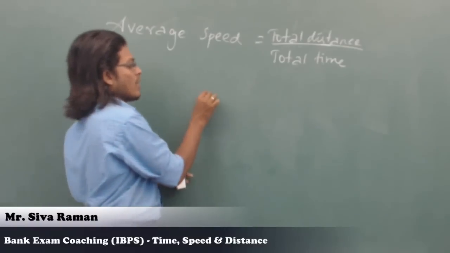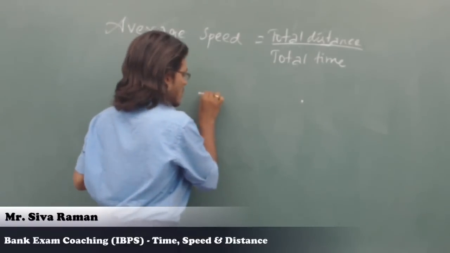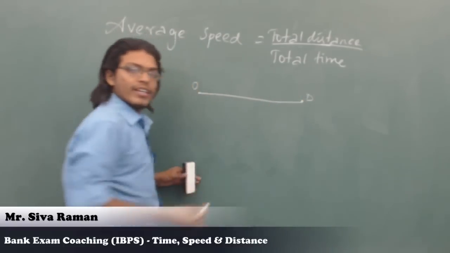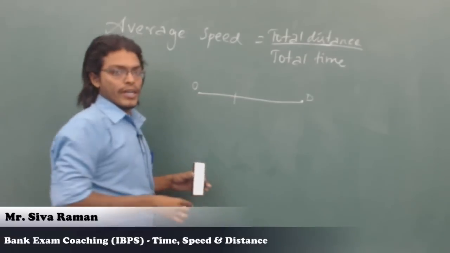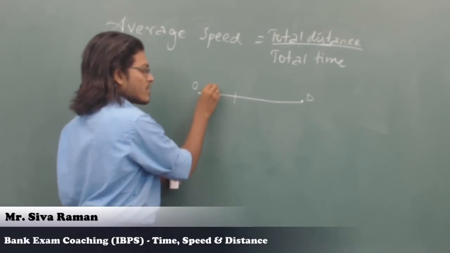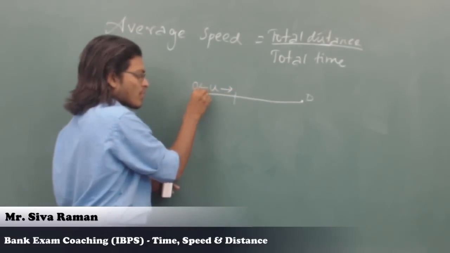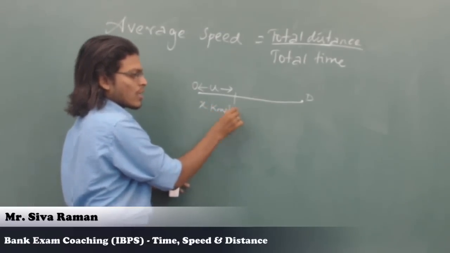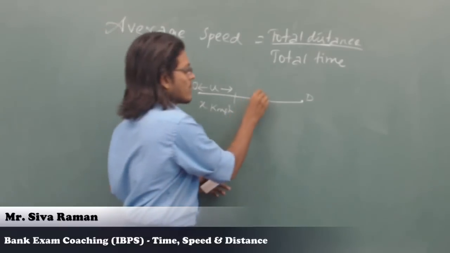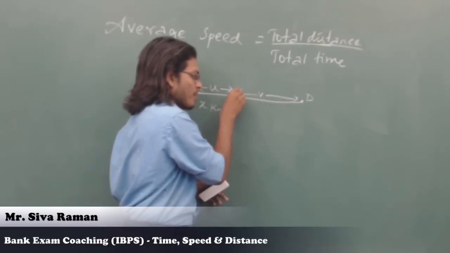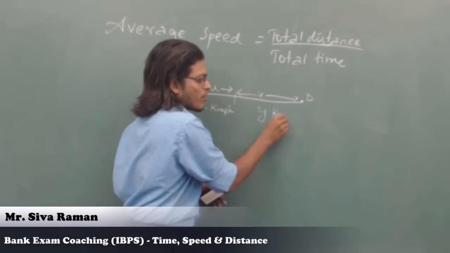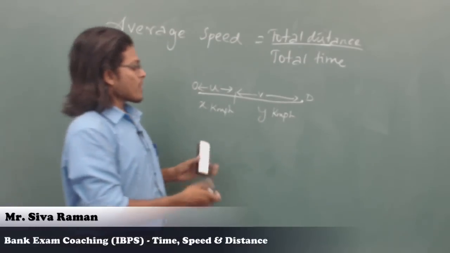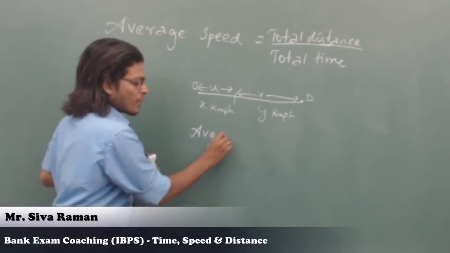Right? For example, this is your origin and this is your destination. Till this point, say the distance is u, you are traveling at x kilometer per hour, and say this distance is v, you are traveling at y kilometer per hour. What will be the average speed? Now we will substitute.